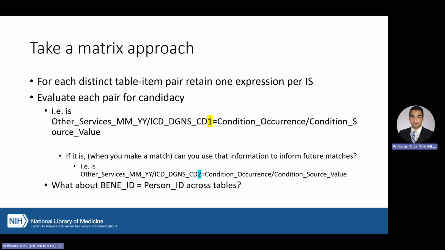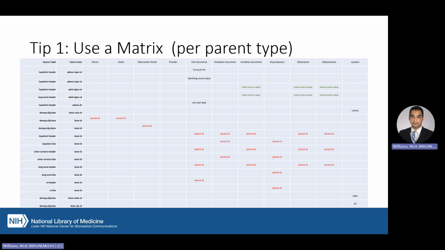Finally, for some tips for the road, use a matrix approach. Here's a great example where you can see our TAF tables in the first two columns with table and item. And then across the top, you can see a matrix for our OMOP destination tables. And in red, you can see which beneficiary IDs go to which common data model destination CDM tables.